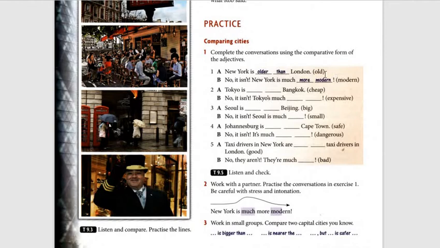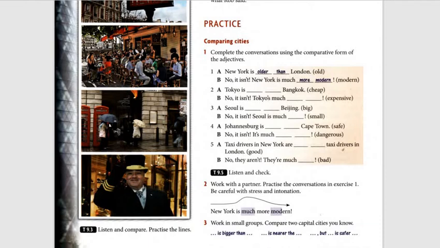So let's check this exercise and listen to this tape script, and you have to make the comparative adjectives the correct way according to the notes. Yes, let's listen, please.